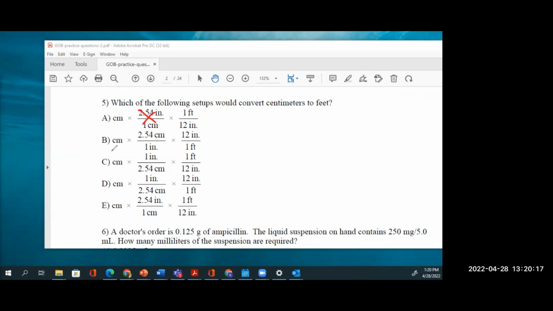Okay. What about this one? No, because we'd end up with centimeters squared over feet. So we know that that's wrong. Okay. What about this one?